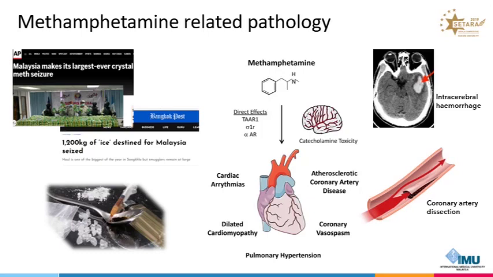Similarly, the dopaminergic activity over a long period of time tends to cause what is called a cardiomyopathy. In other words, it weakens the cardiac muscle. Another important change that can happen is pulmonary hypertension. Now, usually when we talk about hypertension, we refer to hypertension within the systemic circulation.